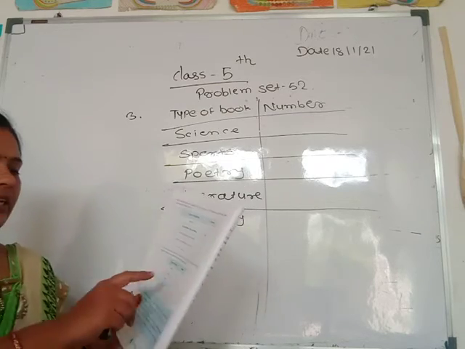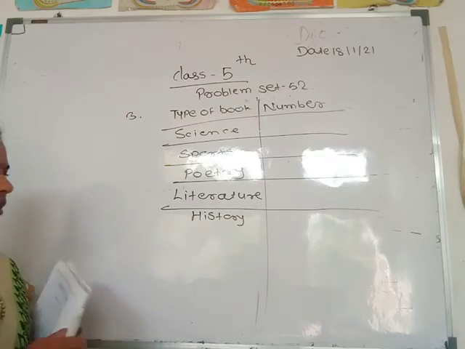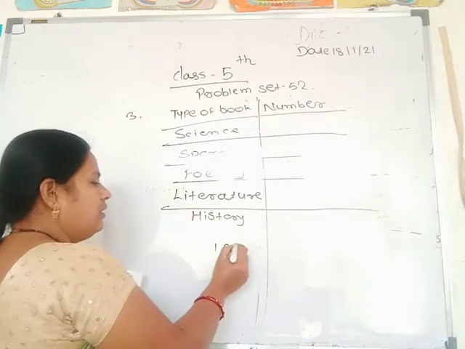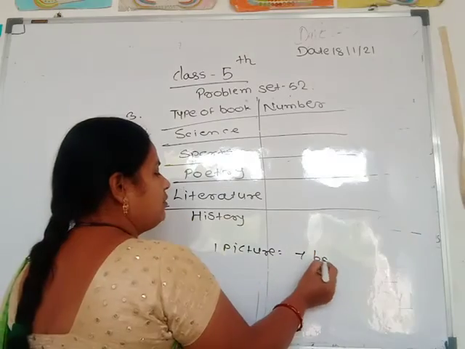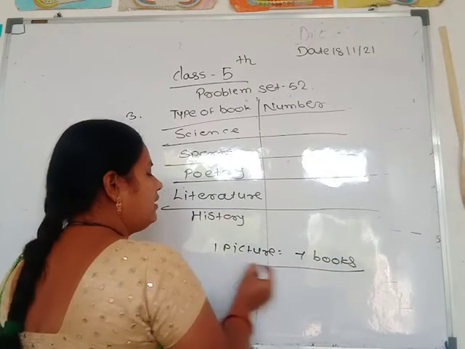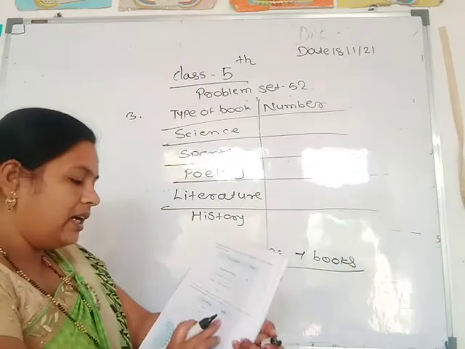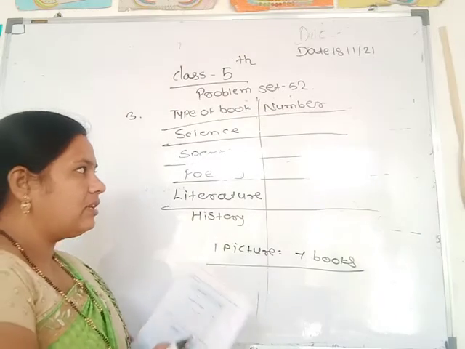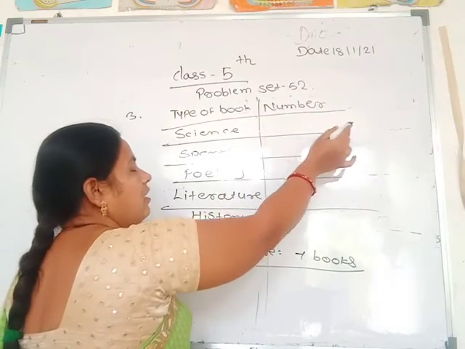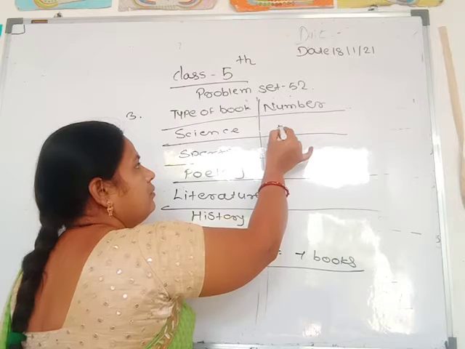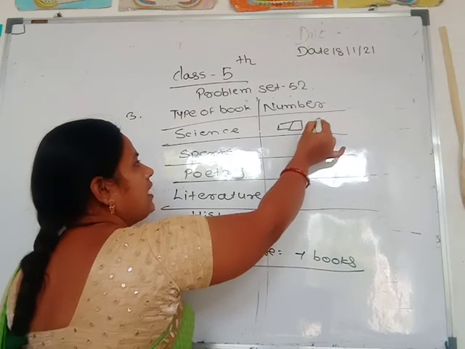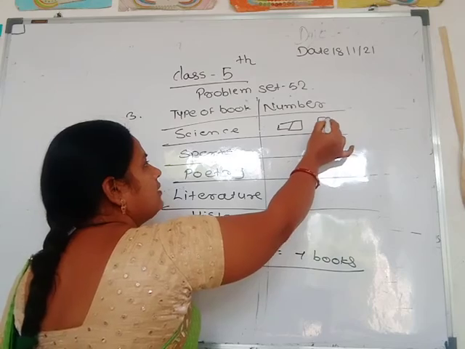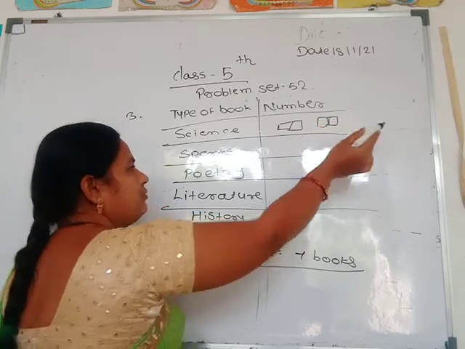Then 28 means science. You write here one picture is equal to 7 books. How many books? 7 books. Then here 28 means 7 fours are 28. Then you draw pictures of these books, 4 pictures.